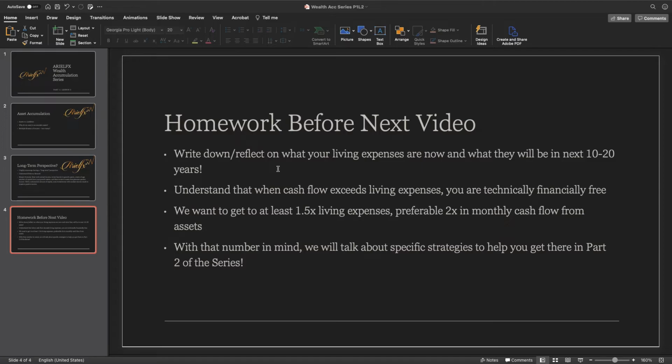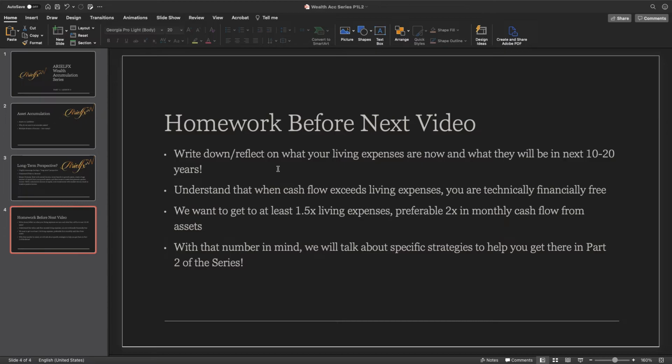With that in mind, when your cash flow does exceed those living expenses, you are technically financially free. But I want us to get to a point where our cash flow is at least 1.5x living expenses.